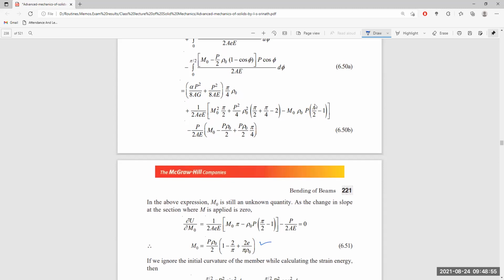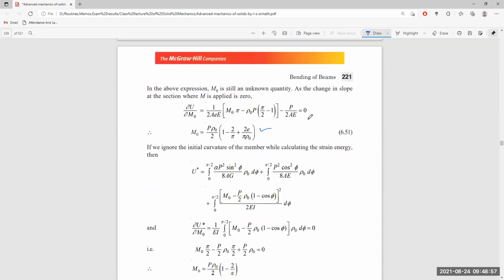Now, if we ignore the initial curvature of the beam while calculating the strain energy, then the fourth equation will not exist. Then the equation of shear stress, the equation of normal stress, and the equation of bending moment will come into action.